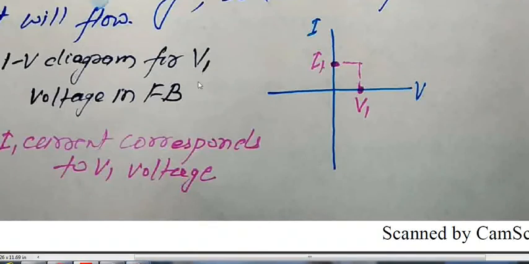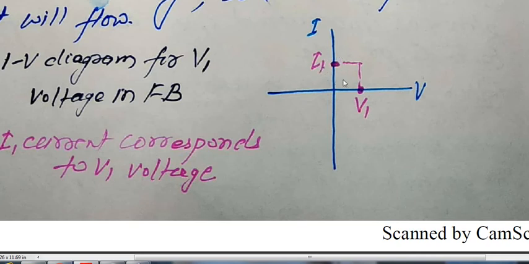Now we can see in this IV diagram, when voltage V1 is applied in forward bias condition, here this horizontal axis is the voltage axis and this is the current axis. Corresponding to V1 volt, some current is flowing across the diode, and the magnitude of that current we are assuming is I1.